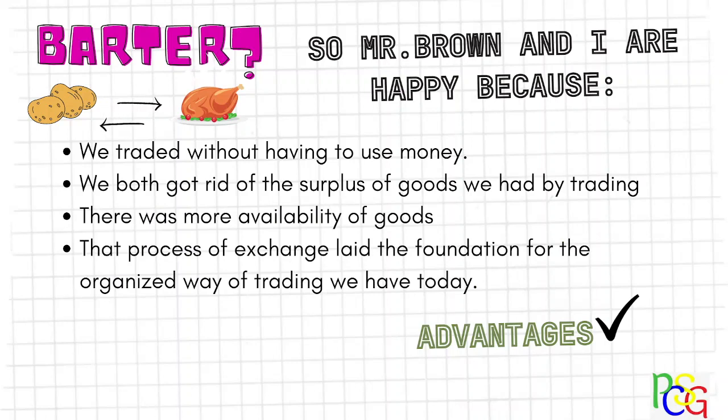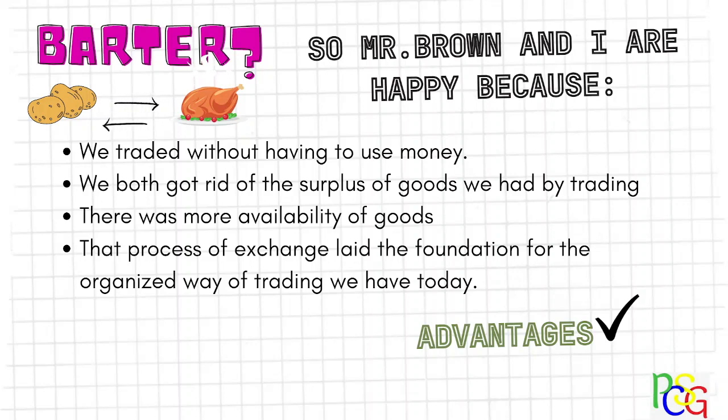So Mr. Brown and I were happy because we traded without having to use money. We did not have to pull out our pockets. We did not have to go to the ATM. We didn't have to do any of that. We just traded. We both got rid of the surplus of goods that we had.